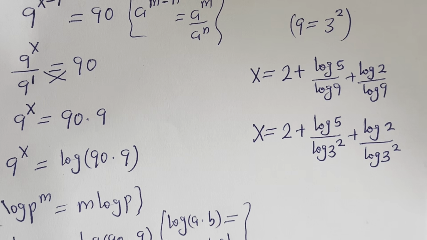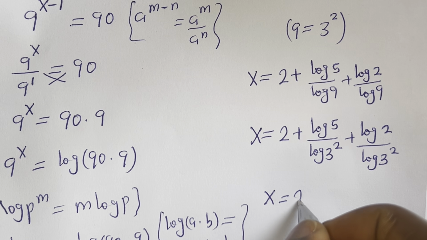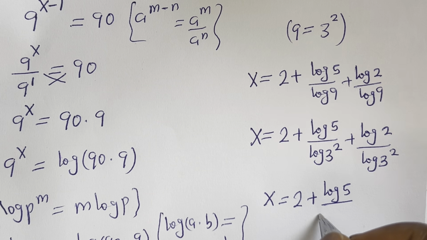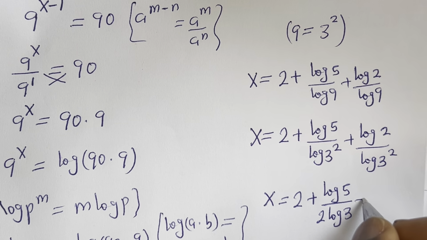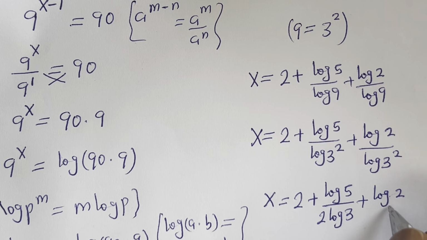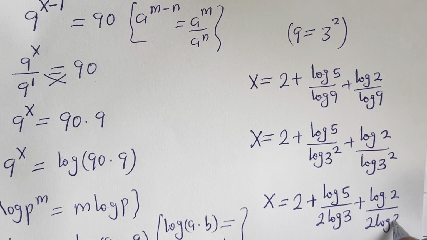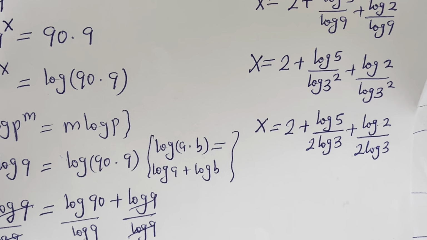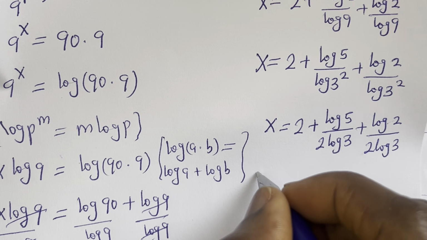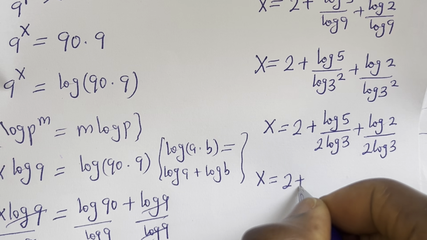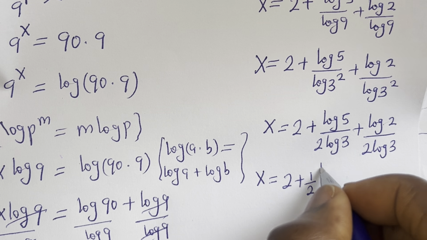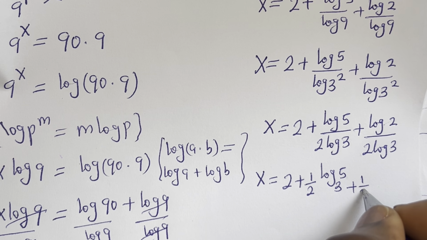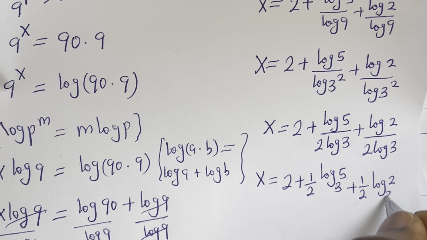x is equal to 2 plus log 5 over 2 log 3 plus log 2 over 2 log 3. x is equal to 2 plus 1 over 2 log 5 base 3 plus 1 over 2 log 2 base 3.